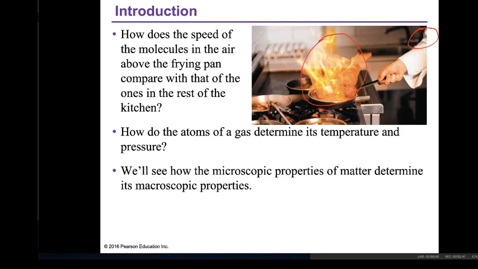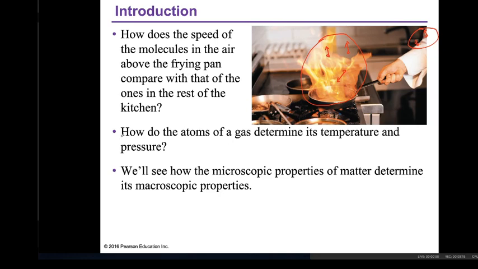When the temperature is very high in this region, in this chapter we'll learn that the gas molecules in this region will move faster compared to the molecules in the other regions. In the cooler region, the molecules are moving slower, and in a hotter region, the molecules are moving faster. And we'll explain why in the later slides.